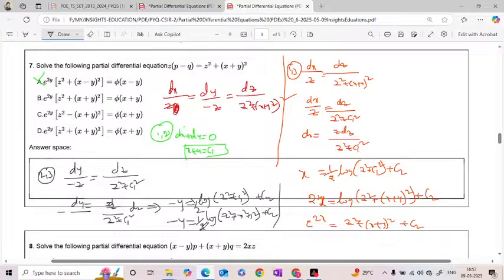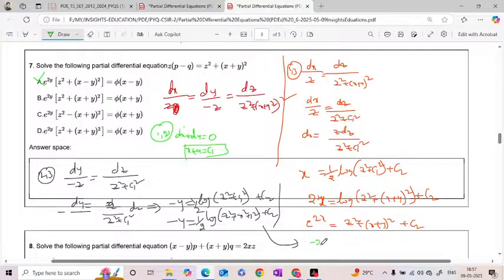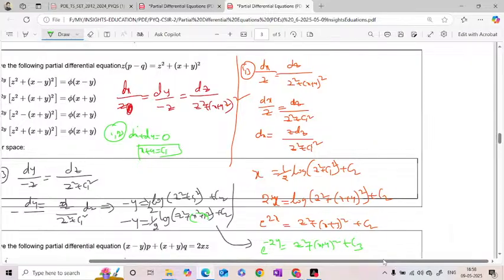Now tell me. The second format is e power minus 2y is equal to z square plus x plus y whole square plus constant.